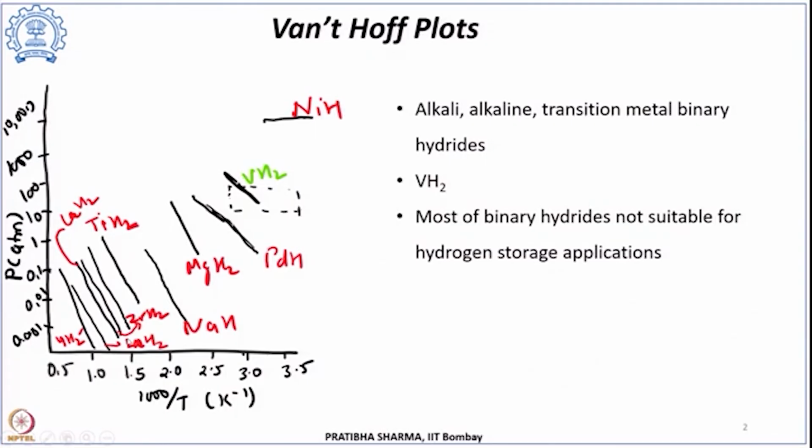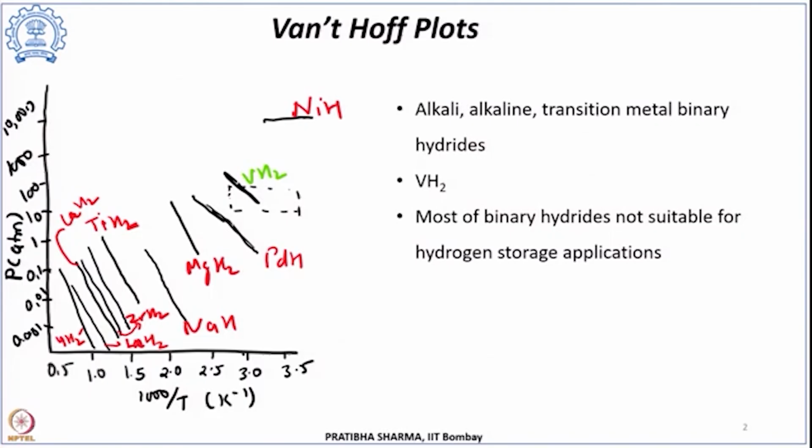For example, magnesium hydride desorbs above 300 degree centigrade. At the same time, the heat of reaction can be higher, like for magnesium hydride it is 75 kilojoule per mole. Typical examples of such hydrides are alkali hydrides, alkaline earth hydrides or transition metal hydrides like the scandium, titanium or vanadium groups.